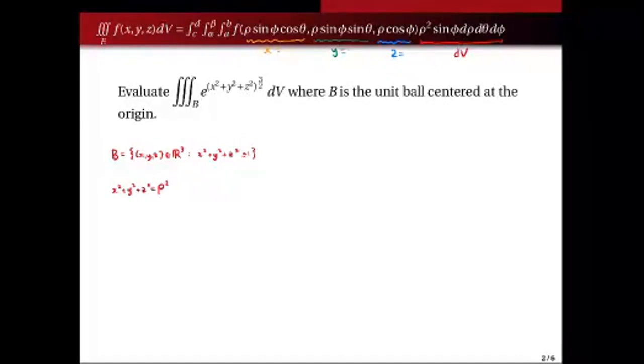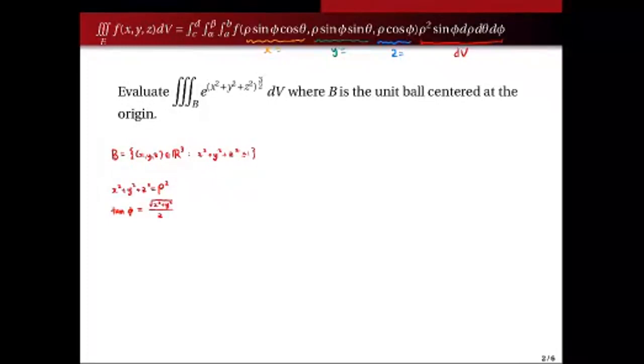And then we recall we have tangent phi equal to the square root of x squared plus y squared over z. So we might use this later. And then, of course, we have the other one in terms of theta.